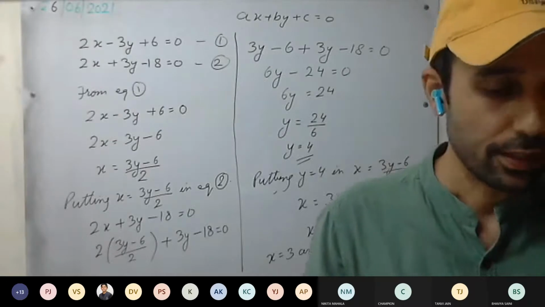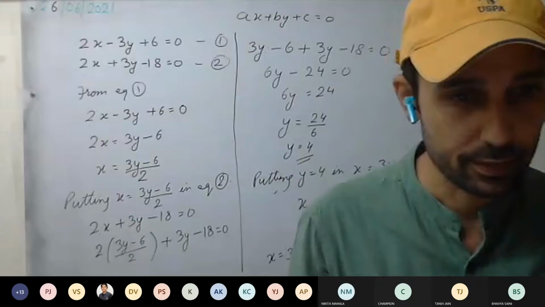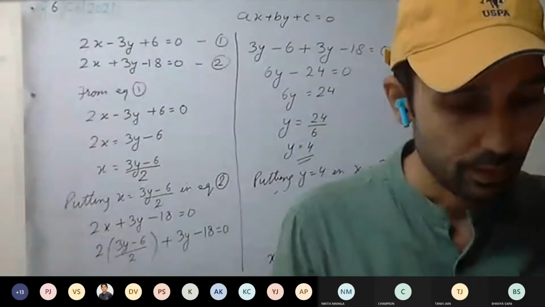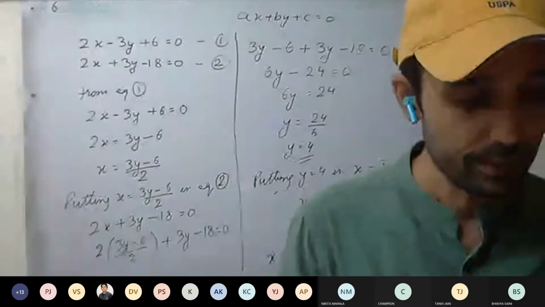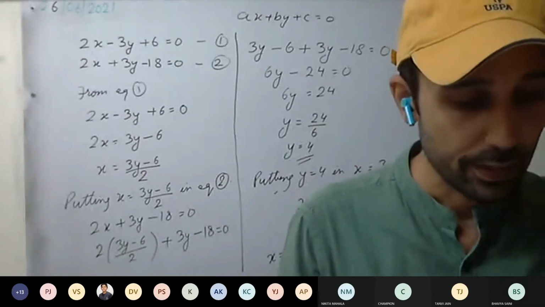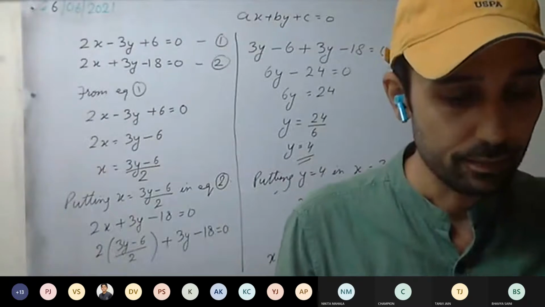Do the 13th one. Start doing, I'll do it after 2 minutes. See, you can take 2 on the right hand side from the first equation. Then you have to take the LCM.